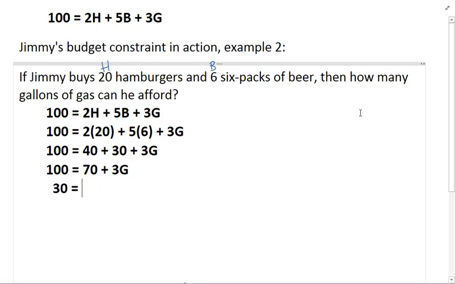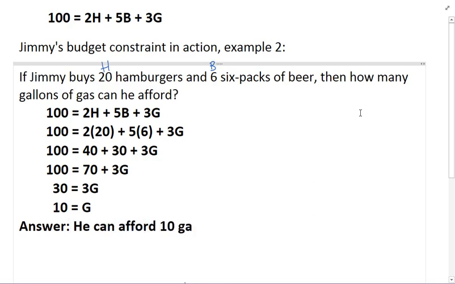In other words, this leaves Jimmy with $30 to spend on gas. Now divide both sides by 3. So the answer is he can afford 10 gallons of gas.